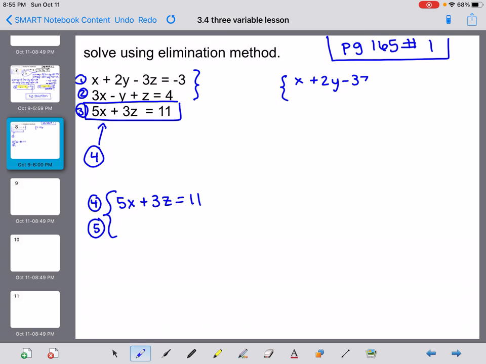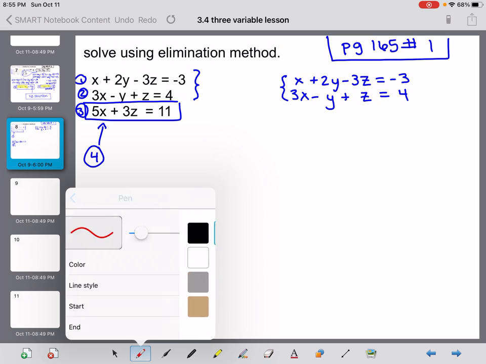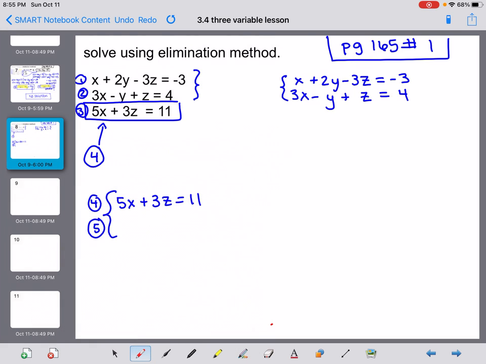So I'm going to take equations 1 and 2, and which variable should I try to eliminate? See if you can answer that question. Which variable should I try to eliminate right now? There's a correct answer here. Right? And the correct answer is I want to eliminate the y. Why do I want to eliminate the y? Because if you look down at equation 4, there's no y in that equation. And so I want my fifth equation to match.